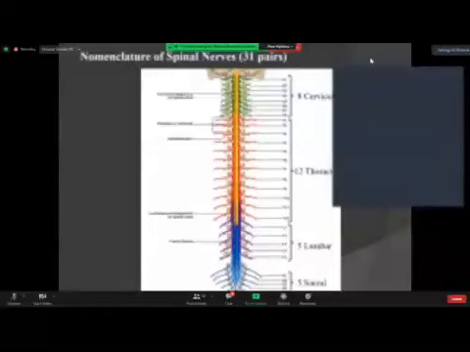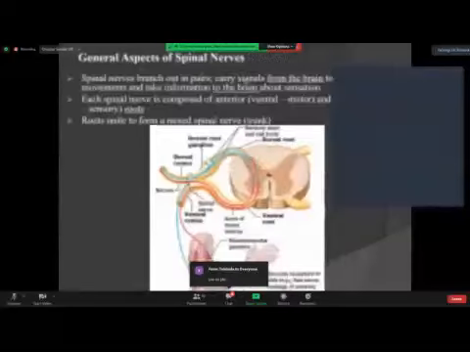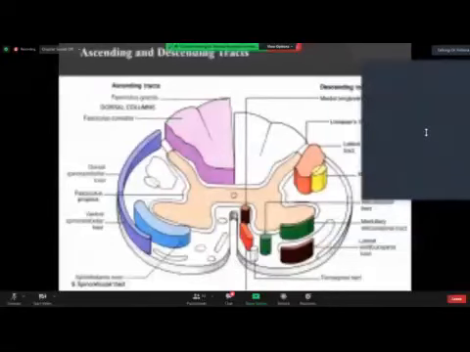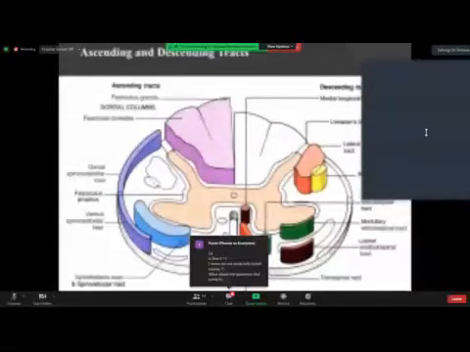Okay, so some student has asked about the ascending and the descending tracts. It will take a long time to go into the details of every tract.